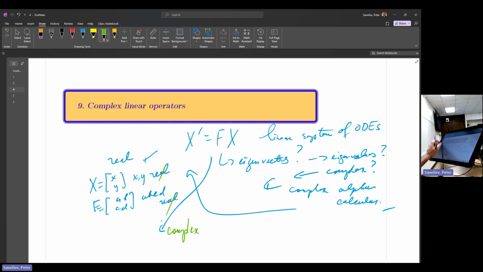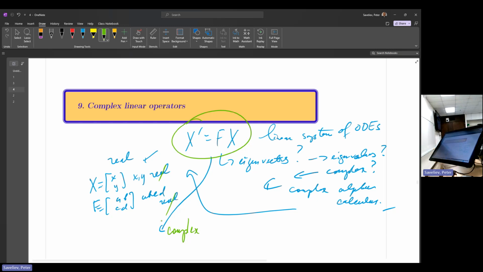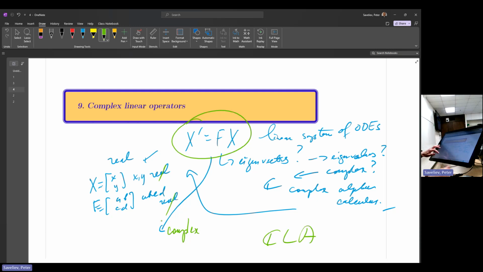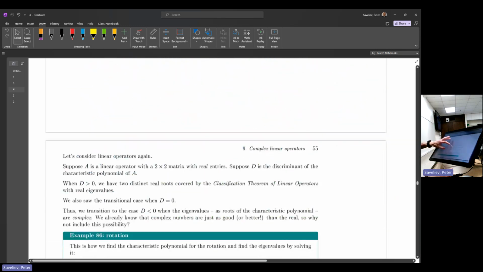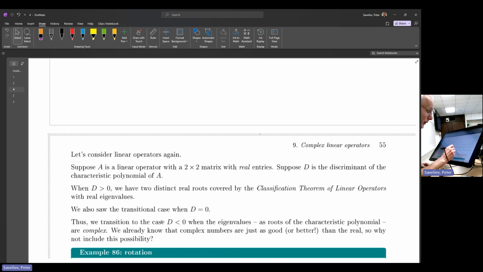So even though we're not really going to elaborate on that, let's review then what a complex version of the same theory would look like. Okay, so complex linear algebra. Everything is pretty much the same, and what we're after is we already had it, just one part of the classification theorem of linear operators.